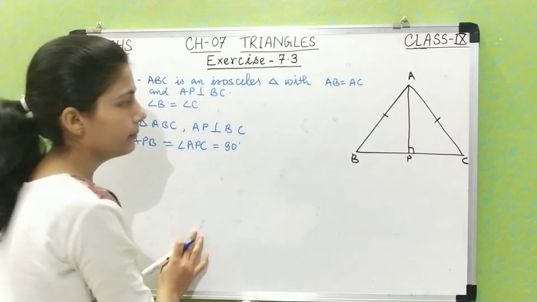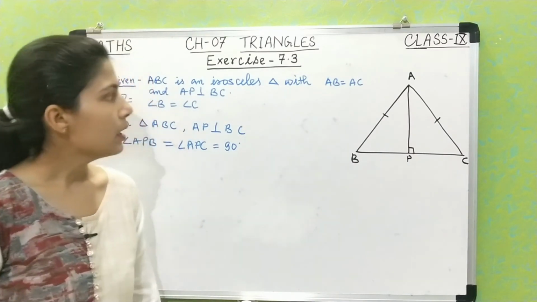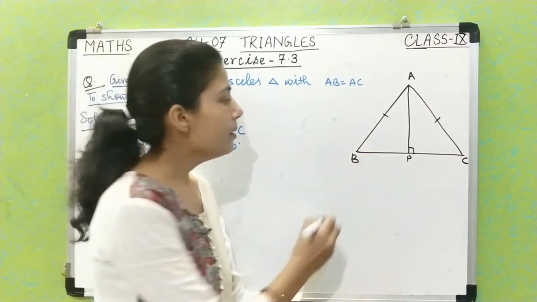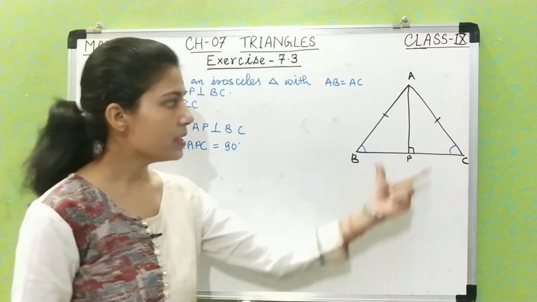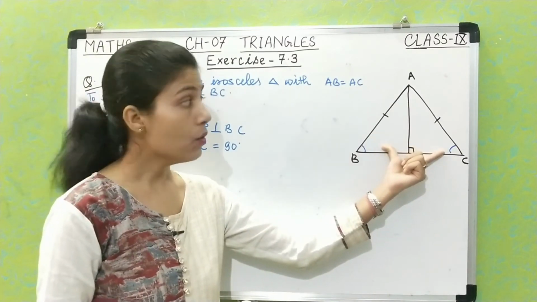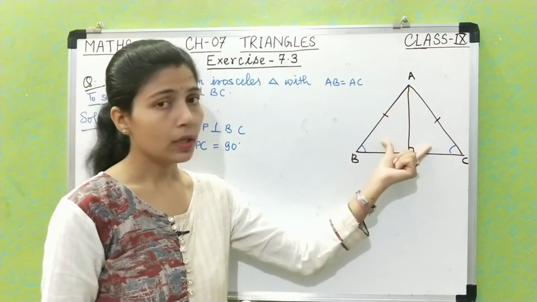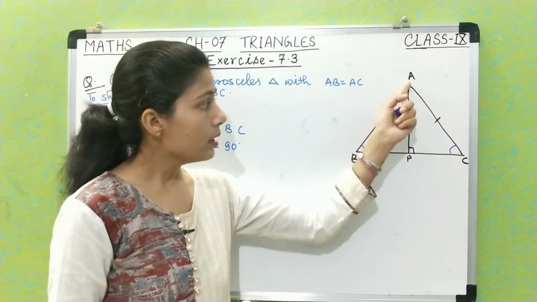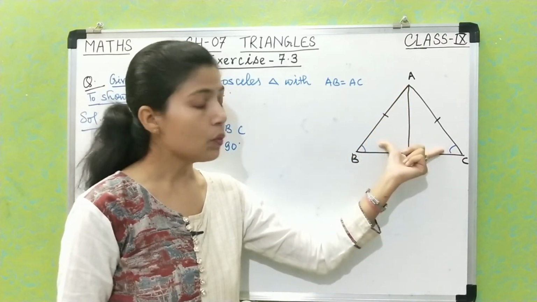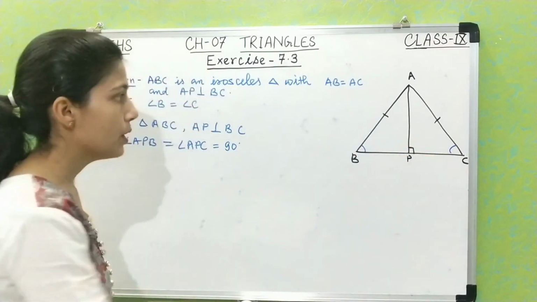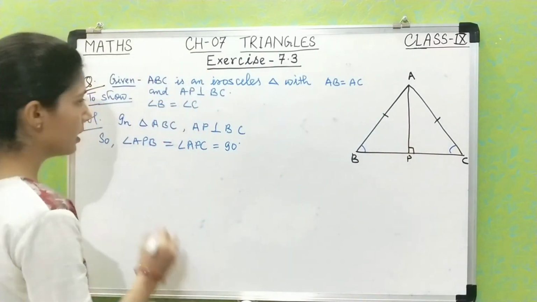Okay, now see, here we have to show angle B equal to angle C. Okay, means these two angles. Now if we draw this perpendicular, we are getting two triangles APB and APC, of which these two angles are part. Okay, so here we will consider the same angles.